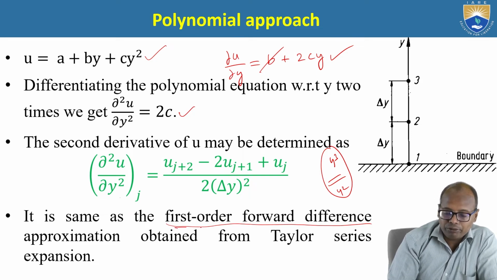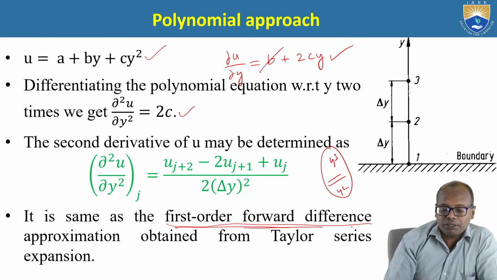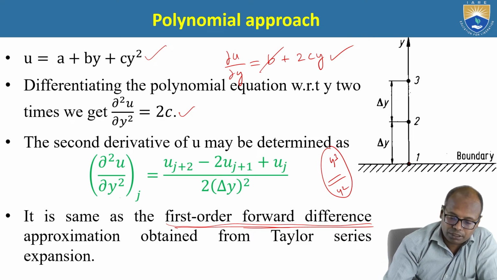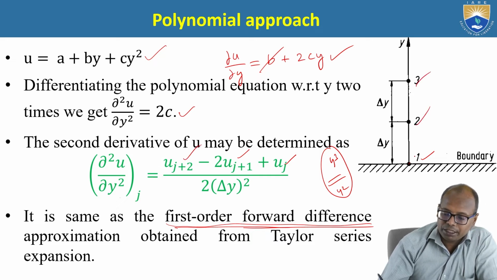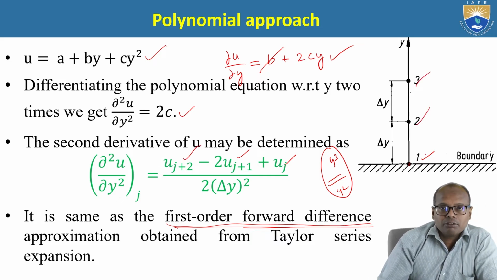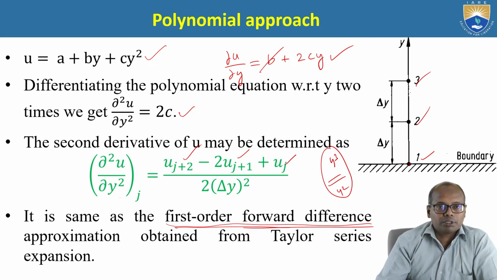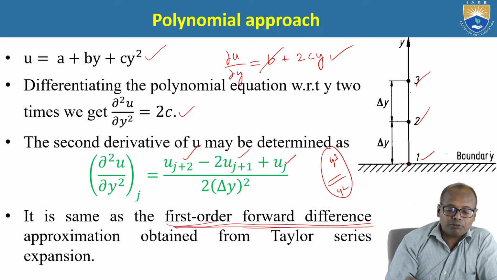Why do we call it first order forward difference? Because we are using the terms after this one. j is our present term, and we are using j plus 1 and j plus 2 for finding the finite difference at 1. That is the reason it is called the forward difference approximation. And why first order?